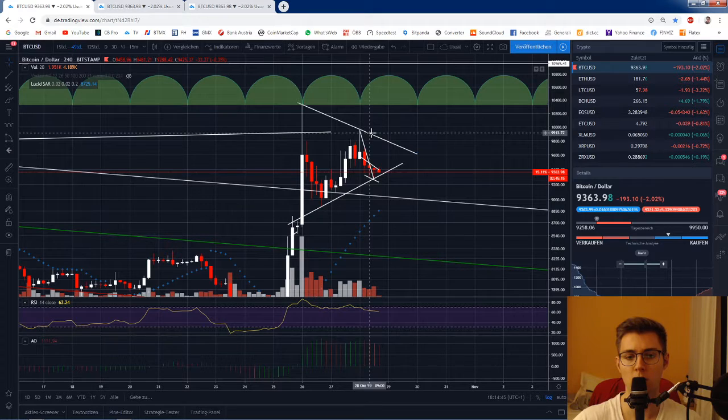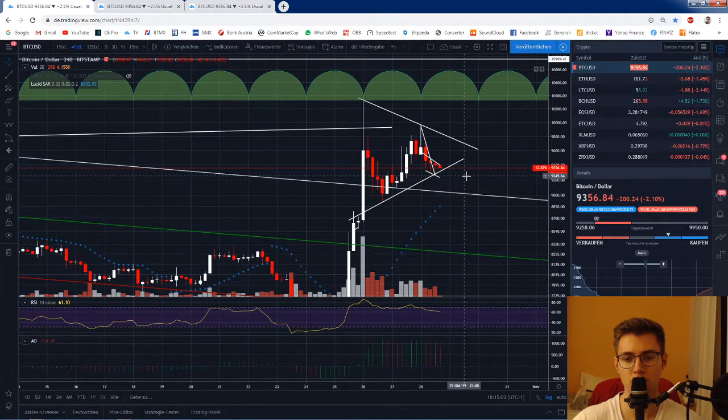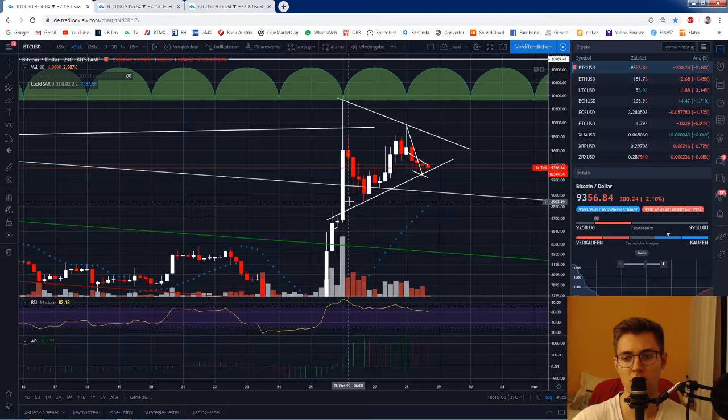And then we will most likely have set our lower high compared to 10,300. So now we have a high, a low, a lower high, and we will now scout for our higher low compared to 8,902. Or yeah, like 8,900-ish.